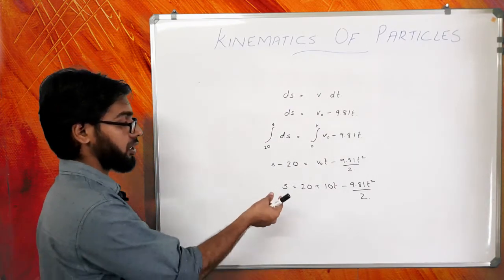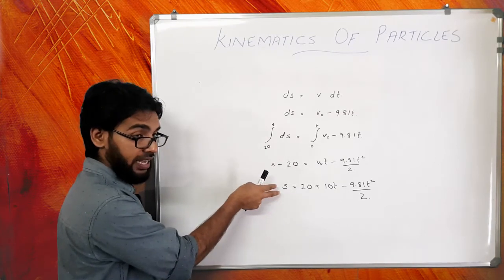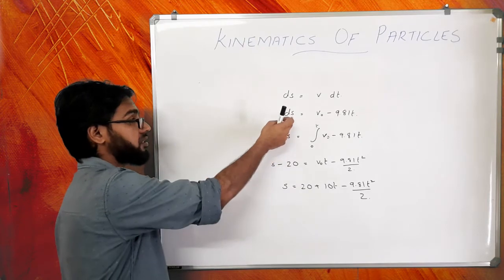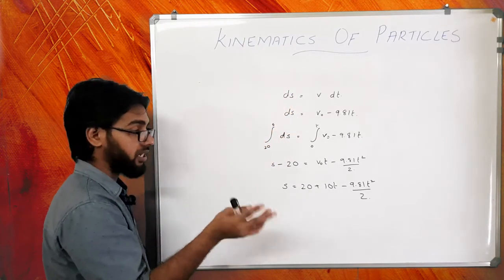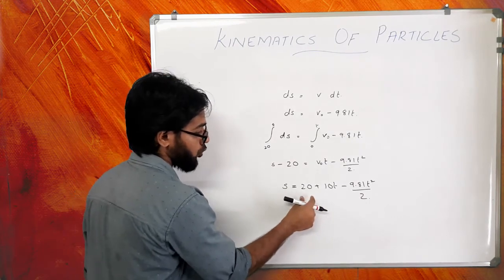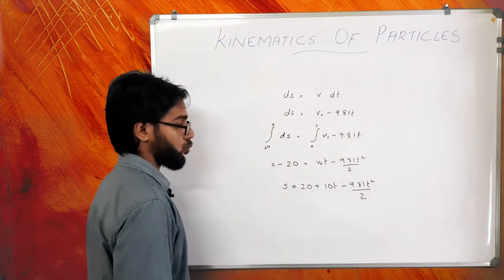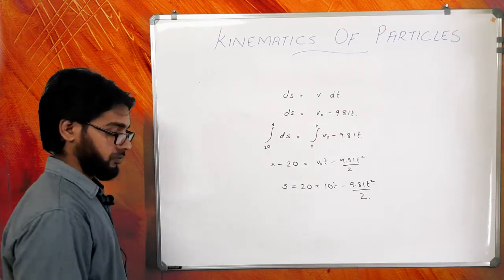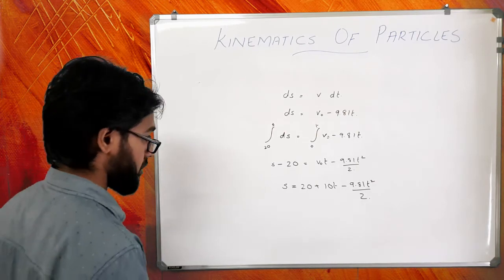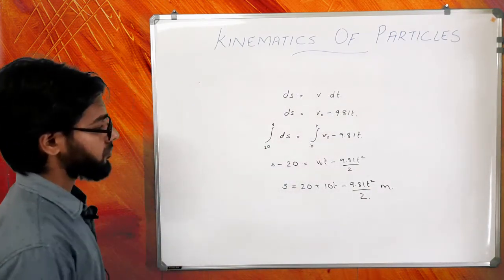This is the equation for elevation. Here I had used the term s instead of y. Both are the same thing. I can represent this in terms of y also. That doesn't make any change. So the equation of elevation will be 20 plus 10t minus 9.81 t square by 2. This will be in meters.